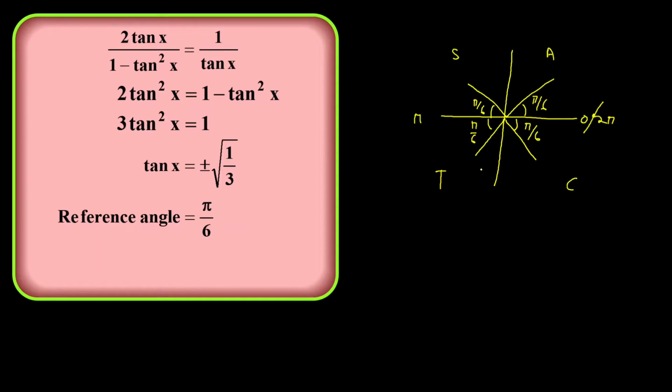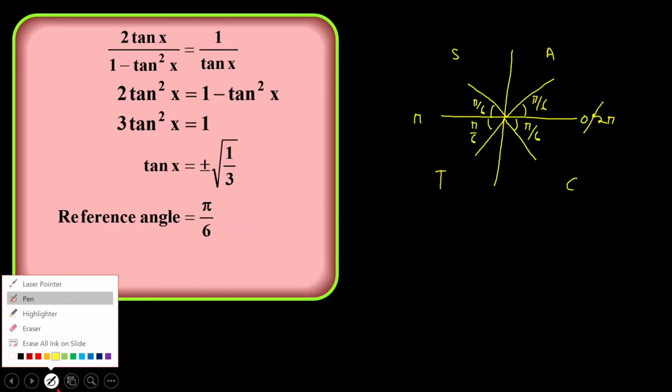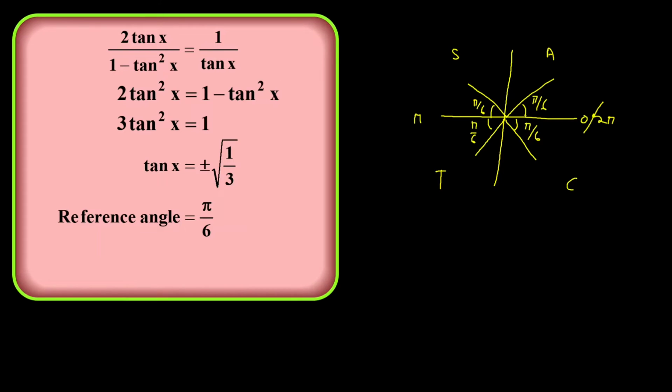Now what I'm going to do is find the first quadrant, the second quadrant, which is pi minus pi over 6, and the third quadrant. Let me change color to make it clearer. The first quadrant is pi over 6. The second quadrant, I will need from here until here only.